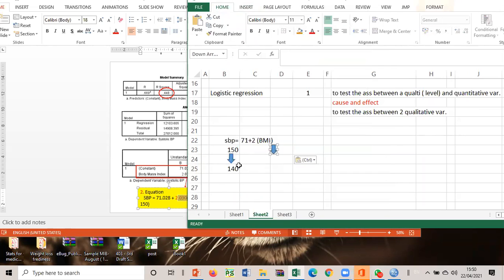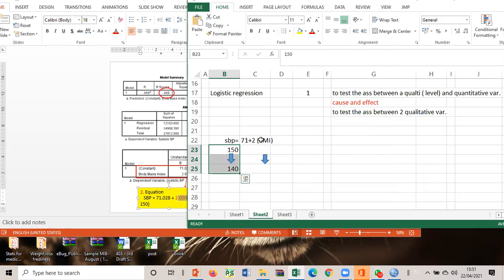Calculate. For every unit increase in BMI, how much does BP go up? 2 times. So you want to drop BP by 10 points.